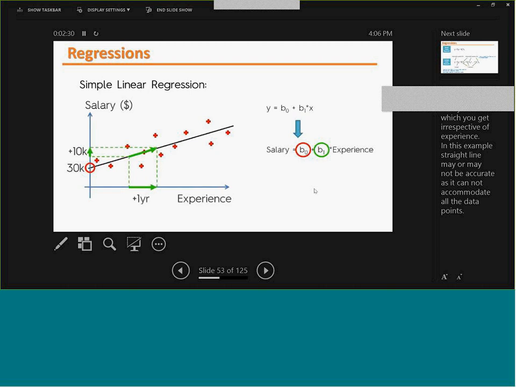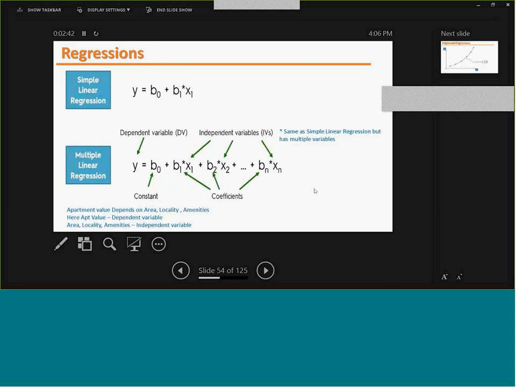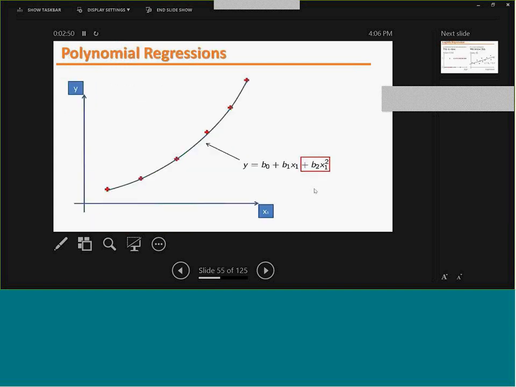If the data is organized like this, then a simple linear regression model will help us a lot, and we typically go with the mathematical function y equals b0 plus b1x. That's the simple linear regression model. Afterwards, in case we have more than one coefficient, we should go for a multiple linear regression model.